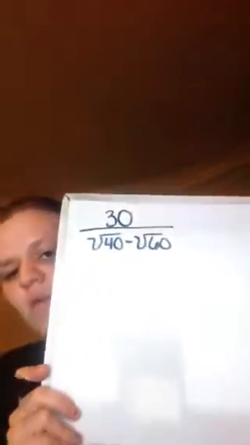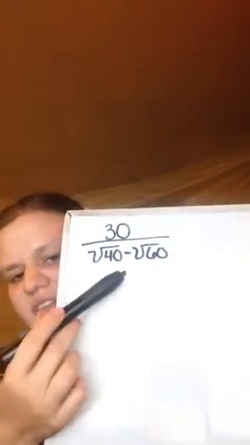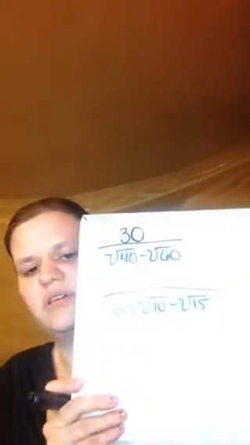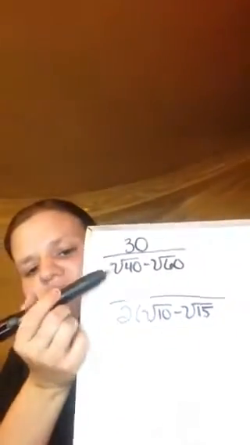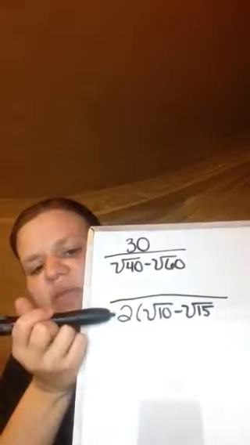We already figured out how to simplify these guys, so we can change what's on the bottom there to 2 times the square root of 10 minus the square root of 15. We know that's the simplified version of what was on our denominator. So now we just have to take 30 and divide it by that.